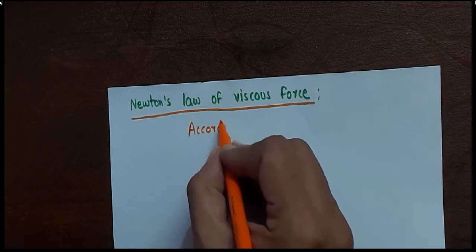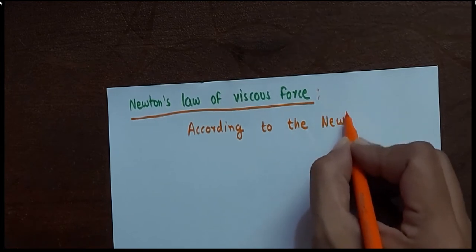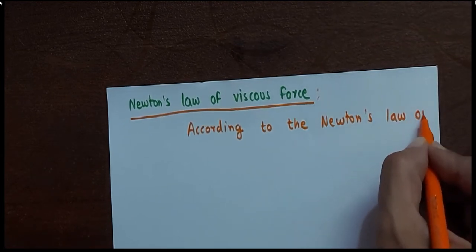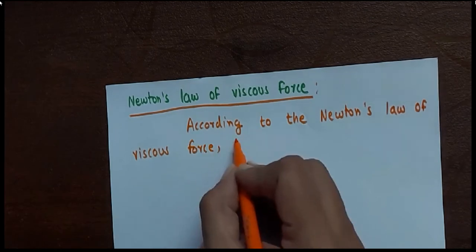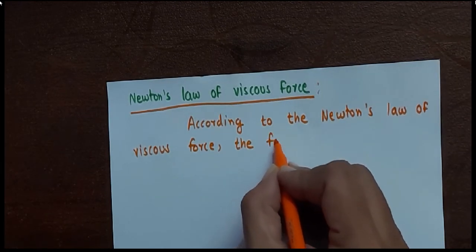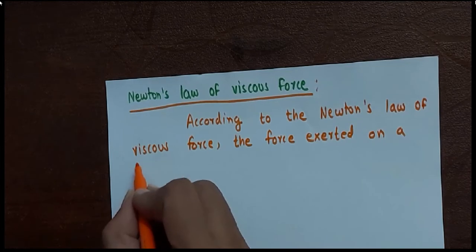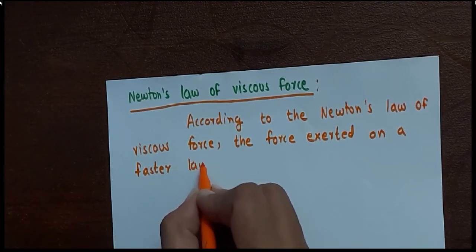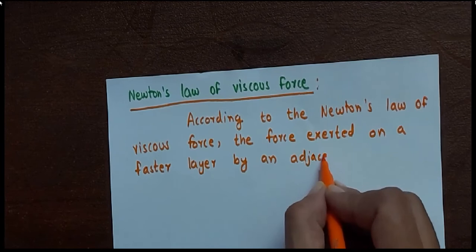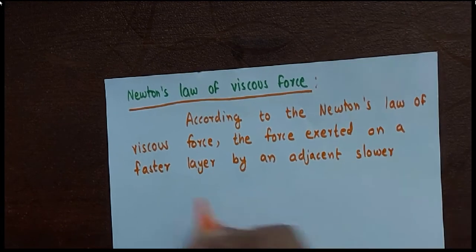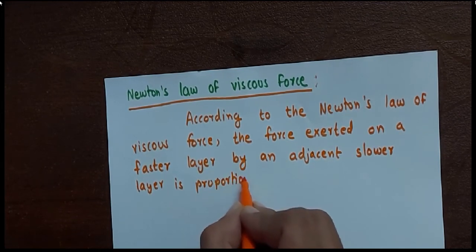According to the Newton's law of viscous force, the force exerted on a faster layer by an adjacent slower layer is proportional to.